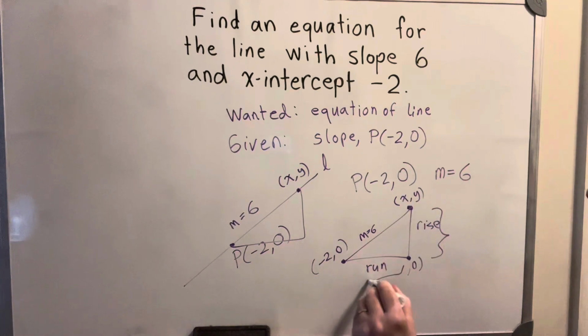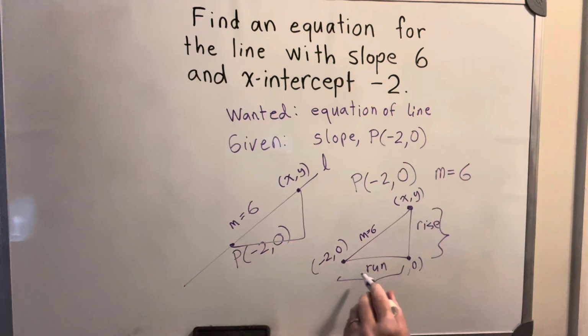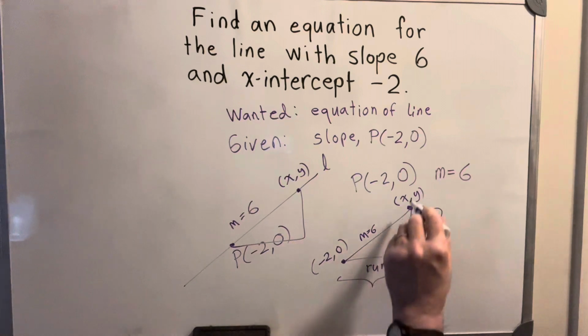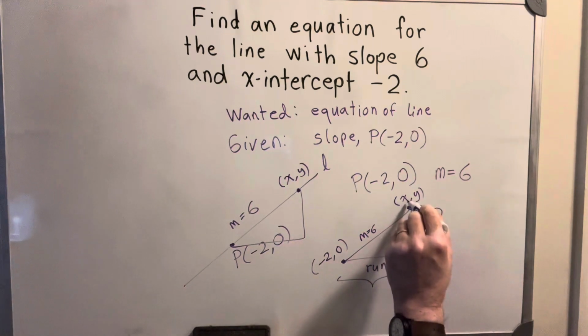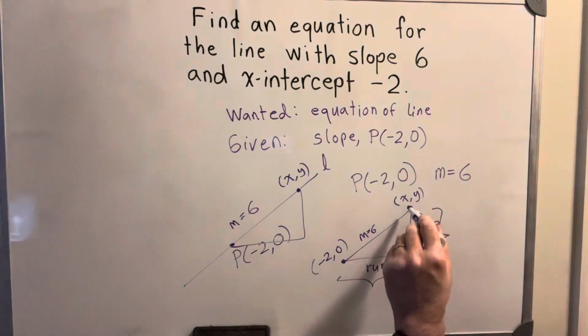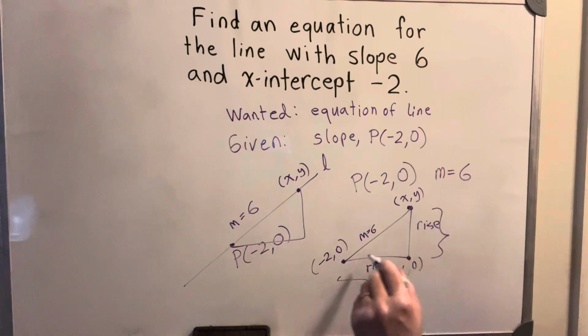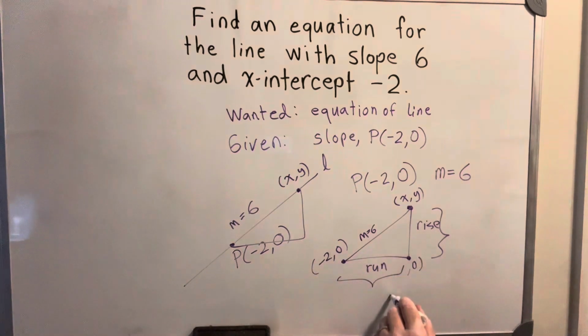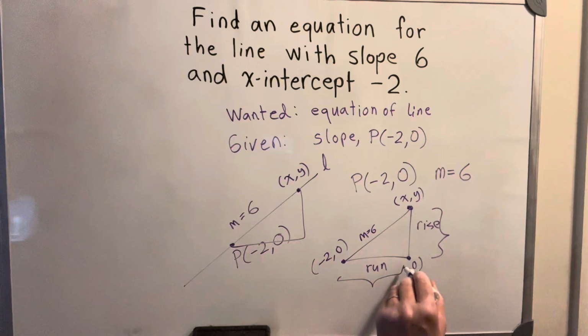Now, we know that the run is the difference between the first number and this -2. So we know that this is the difference between x and -2. And this will be x.